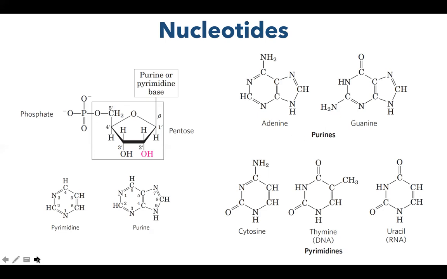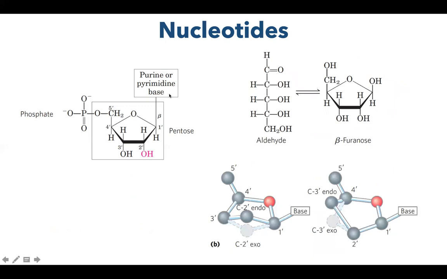Now let's go to the sugar part of our nucleotide. So again, the sugar is ribose. And you know that sugars, starting from those with 5 carbons and up, can form a cyclic conformation. So in the case of ribose, it forms this beta furanose form.